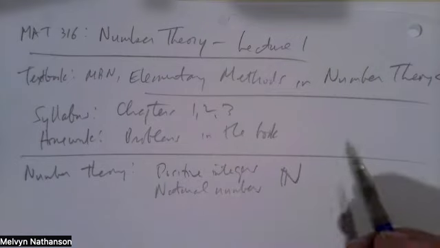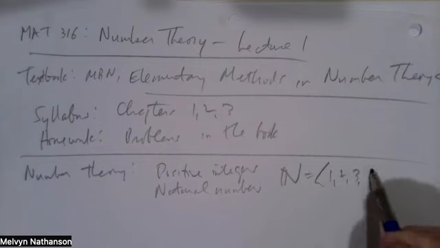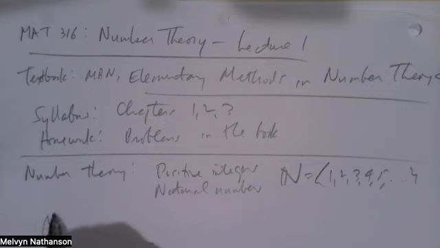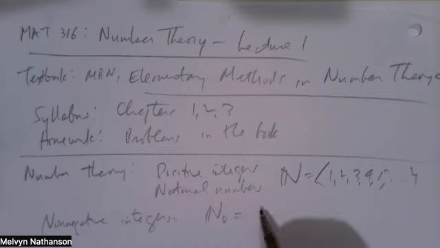It's a set denoted by a capital N: 1, 2, 3, 4, 5, 6, and so on. Those are the positive integers. 0 is not positive. Then we have the non-negative integers. It's denoted N0, which is the positive integers N union 0.